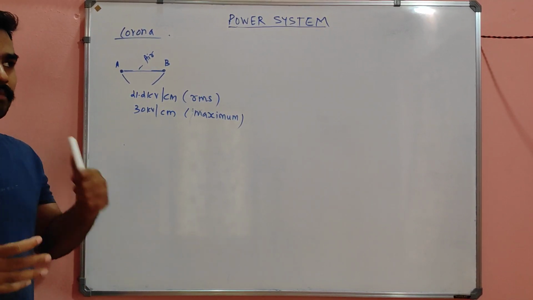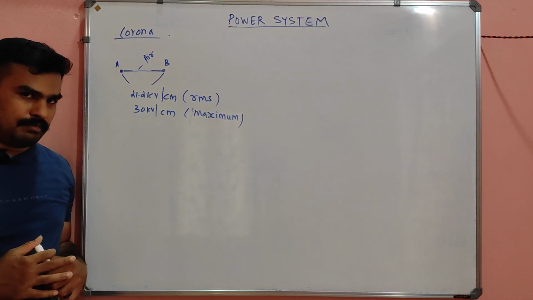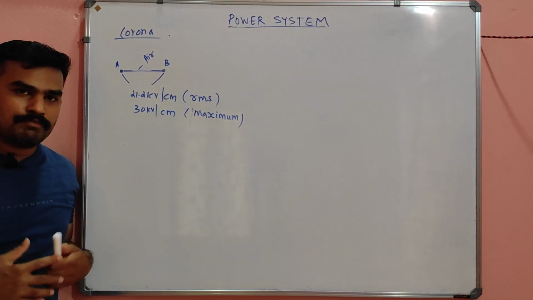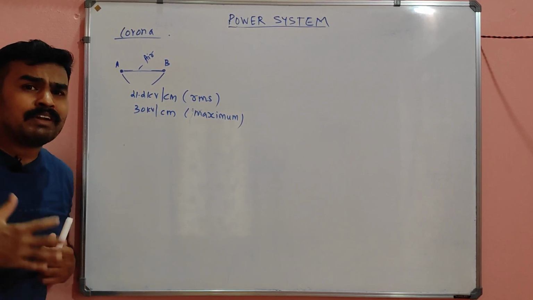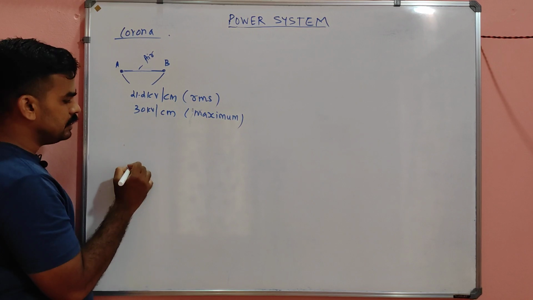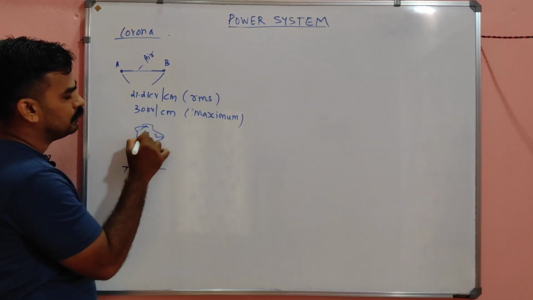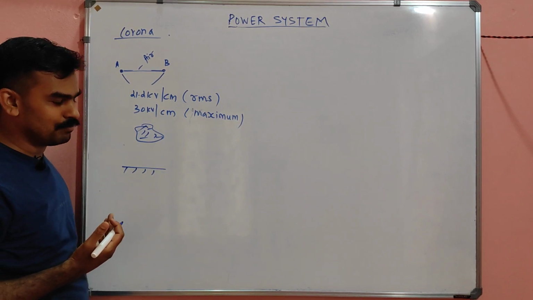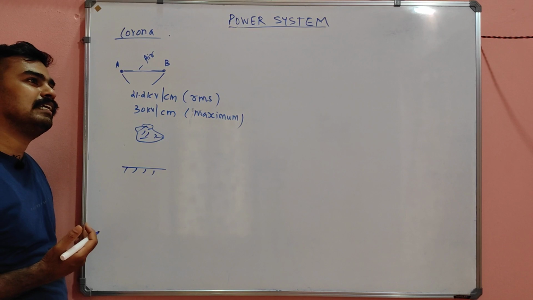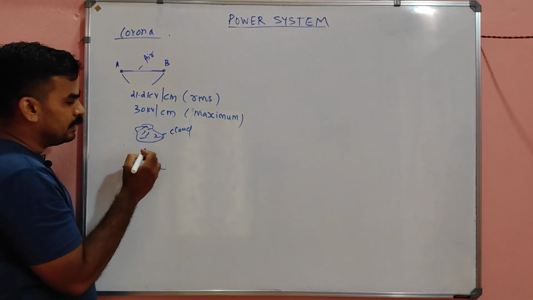Did you notice one more thing? Actually the air is a very good insulator, not perfect, for electricity. But what happens when lightning arrives? So this is the earth and this is the cloud.